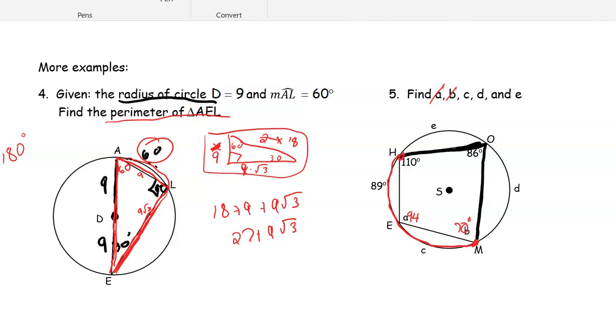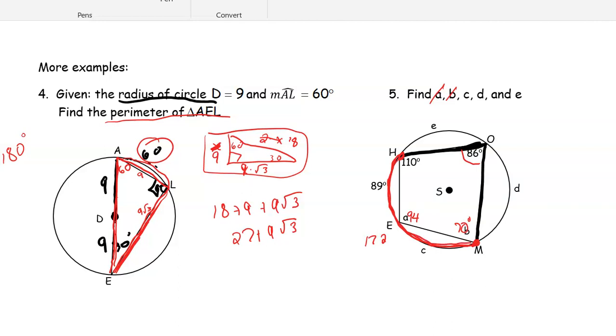Well, this entire red arc, if we know the angle here is 86, 86 would have to be half of this entire red arc. All right, it's one of our rules. So what that would tell us is the entire red arc would have to be twice as big as 86. So what is 86 times 2? 172. Yeah, so the red would have to be 172 degrees from here to here.